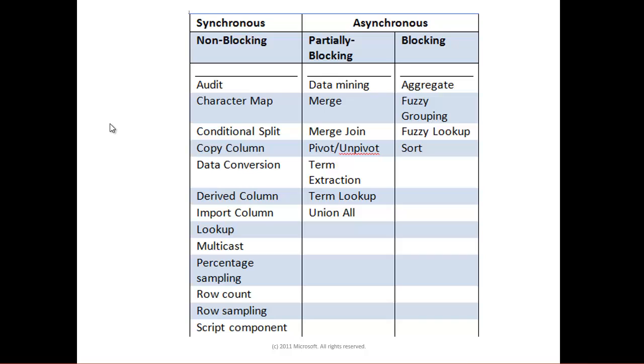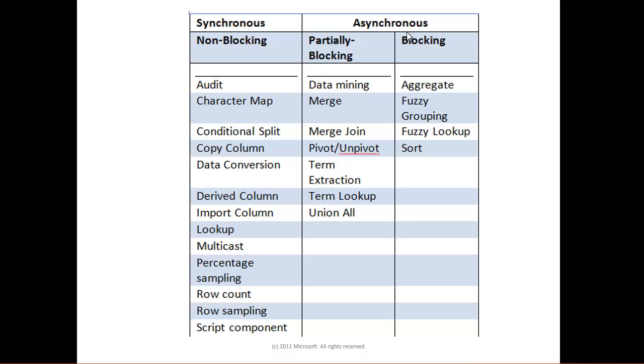So here are some practical examples of what the different transforms are and how they fall into these categories. Under synchronous, you have things like conditional split, lookup, and derived column. These are some of the more popular ones, and these can occur very quickly. These types of operations are very fast in Integration Services.